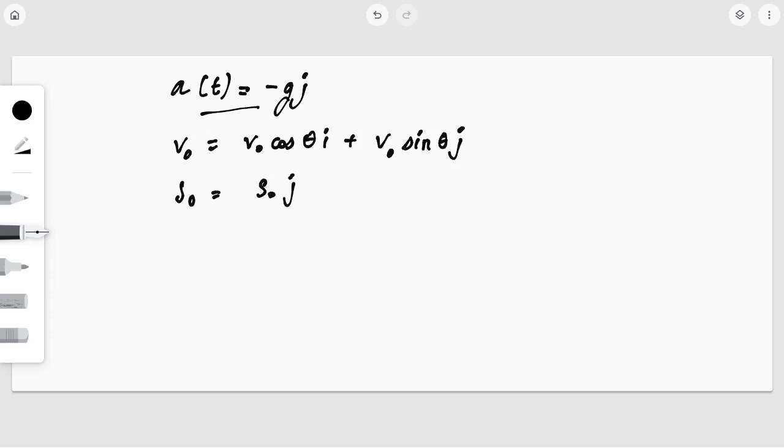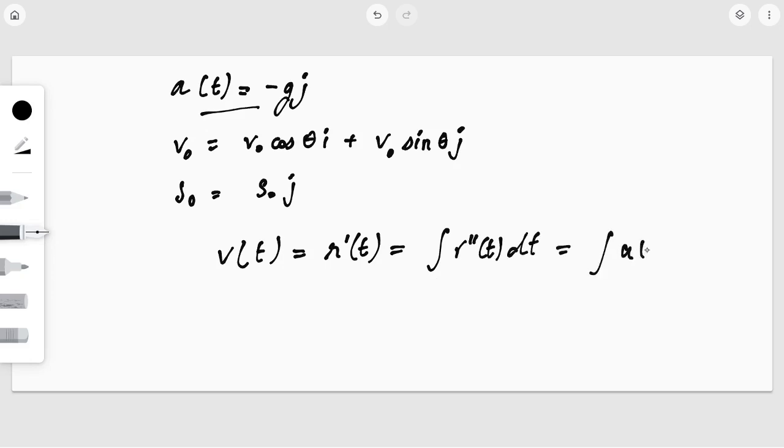Using this, we will find the velocity vector, because velocity is basically r'(t), and this can be found by integrating r''(t) dt, that is, by integrating the acceleration vector given to us.